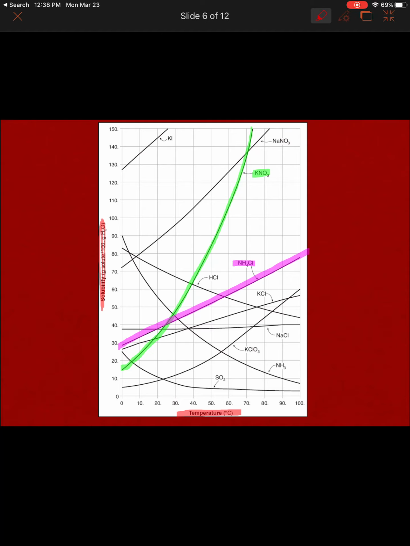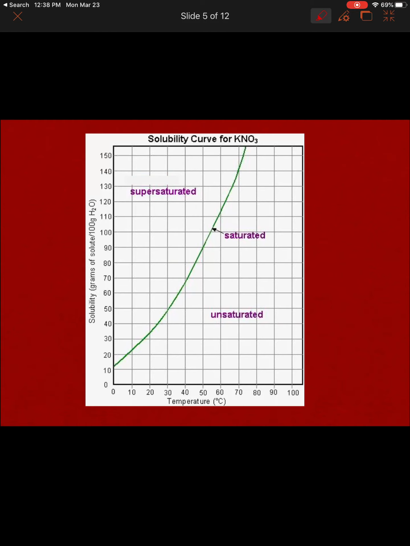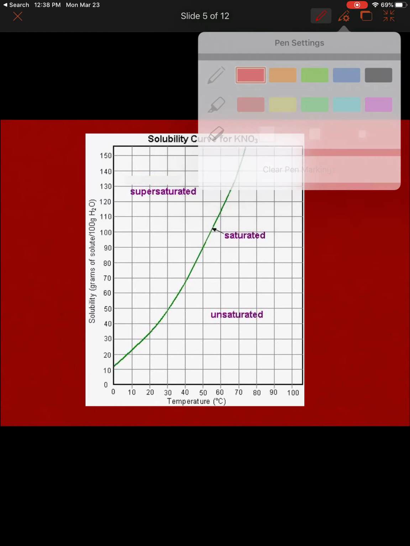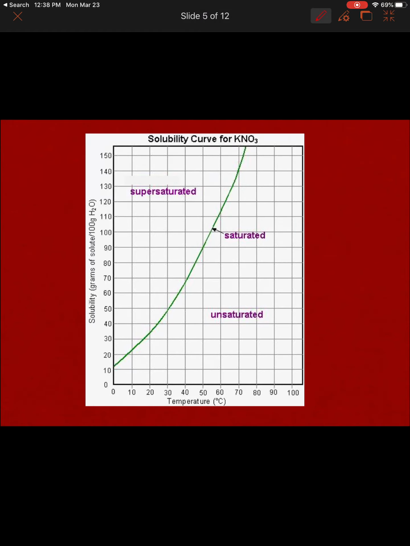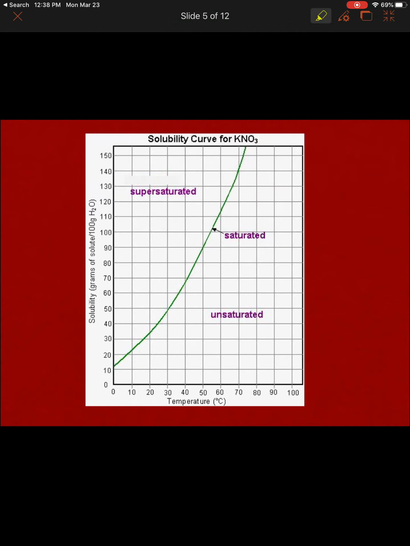Now, I'm going to go back to that other picture. There it is. Imagine this curve right here is the curve that's only for KNO3. We still have temperature along the x-axis here, and solubility over here.